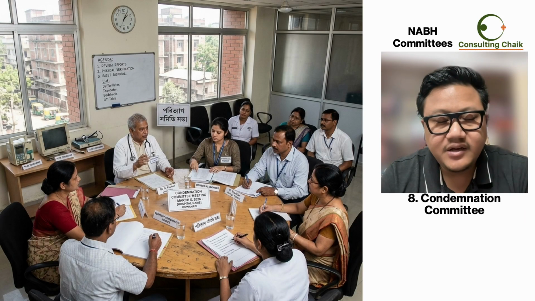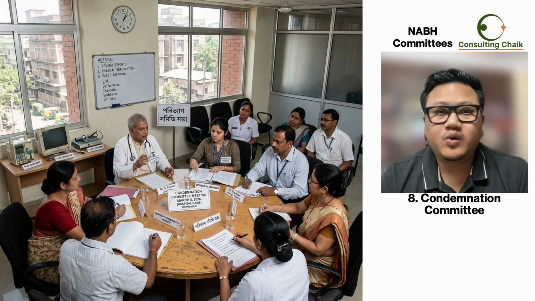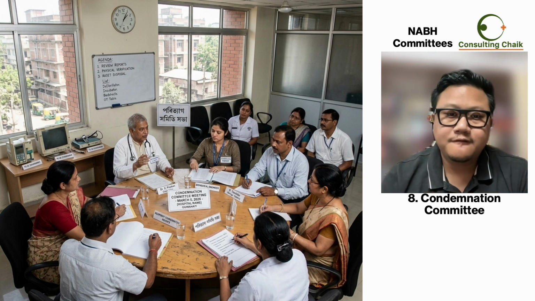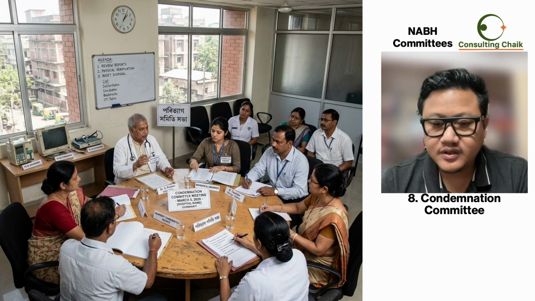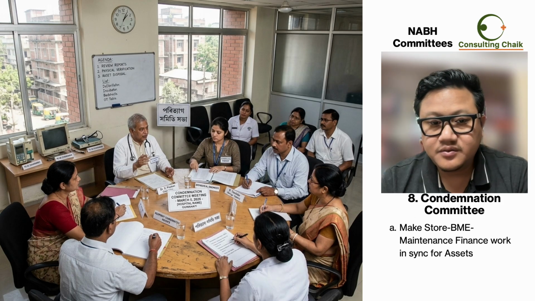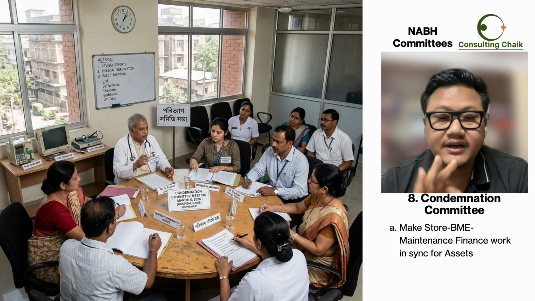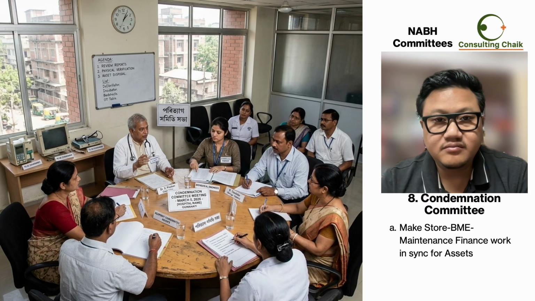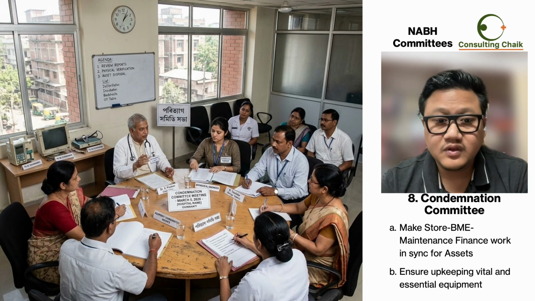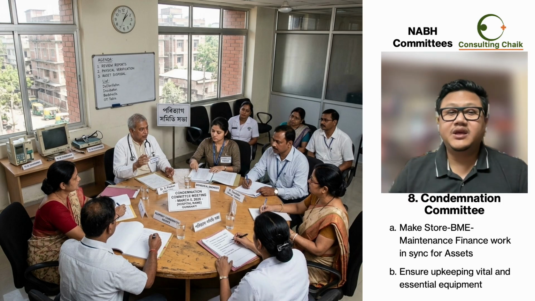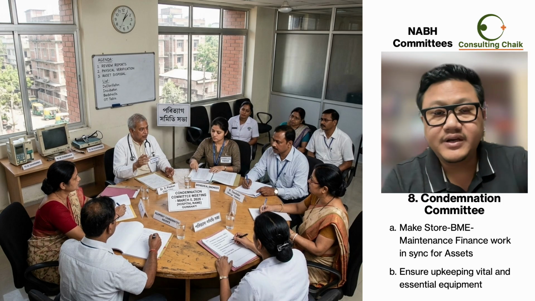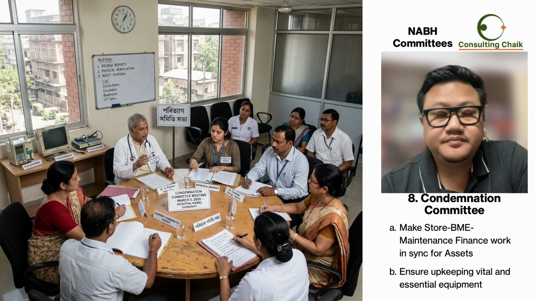The Condemnation Committee can meet quarterly for their discussions. So first thing, they have to make sure that the store, biomedical engineer, maintenance and finance all work in sync for asset management. They need to ensure that the upkeeping of vital and essential equipment is being done.